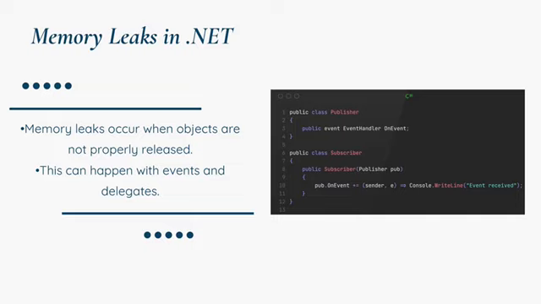However, if you move to another city but forget to unsubscribe, you will keep receiving those emails, even though you no longer attend the gym. So the same thing happens in C#. If an object subscribes to an event but never unsubscribes, it remains in memory because the publisher still holds a reference to it, and the garbage collector cannot clean it up.